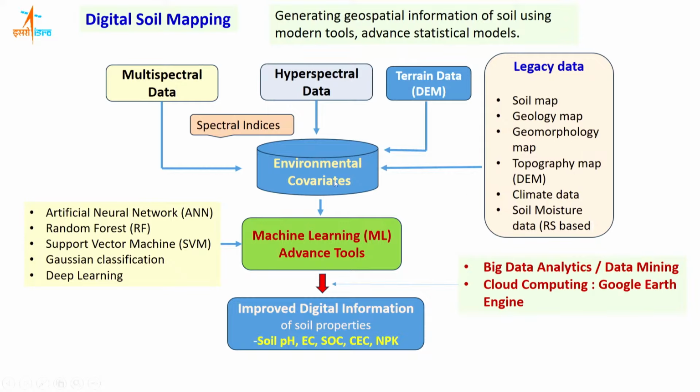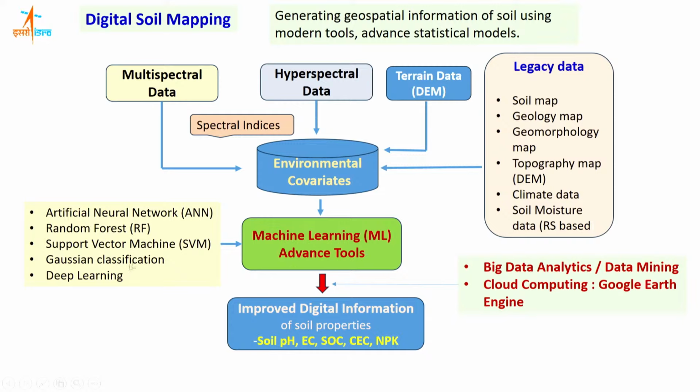Your aim here is to get many more maps and much more information in quantitative terms, not qualitative. From satellite data we can generate various spectral indices; 10 to 15 spectral indices can be generated, and each map can be considered an environmental covariate.